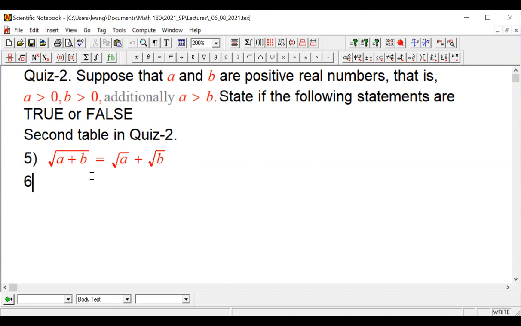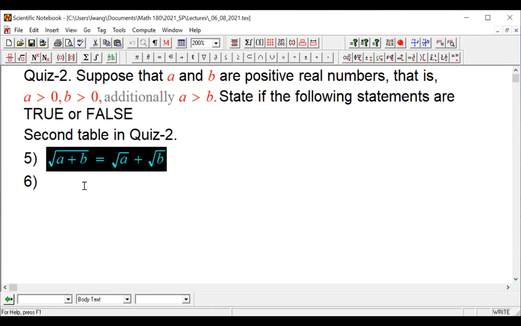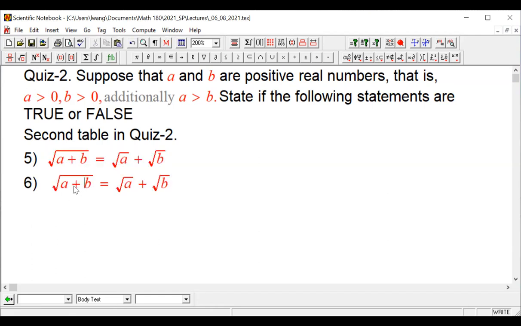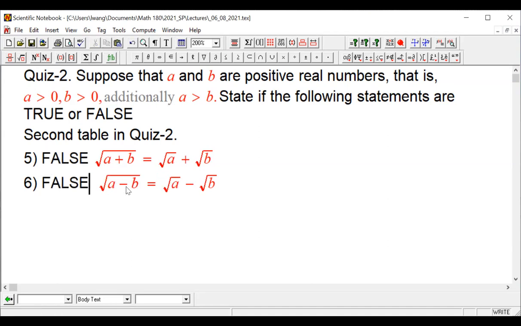So now that's number 5. Number 6 is turn into subtraction. Assuming everything is in the domain, these are false. Falsehood. And they are terrible mistakes.